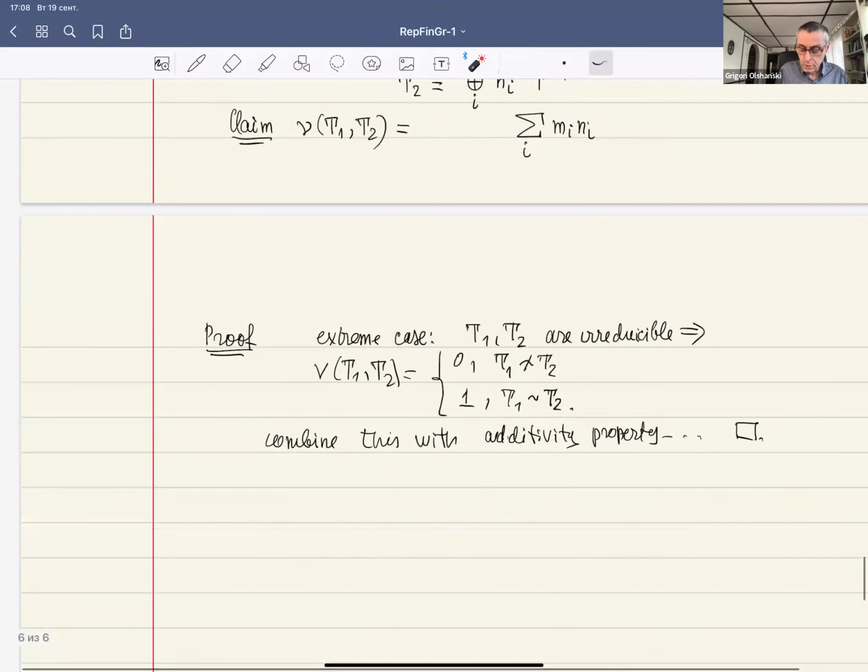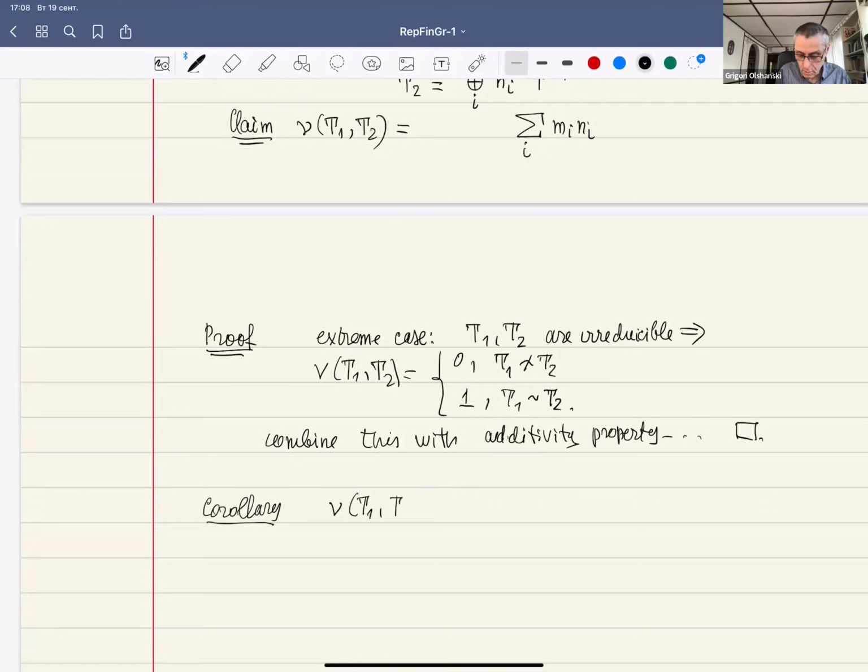So the first corollary is the symmetry. This is the same as this quantity.